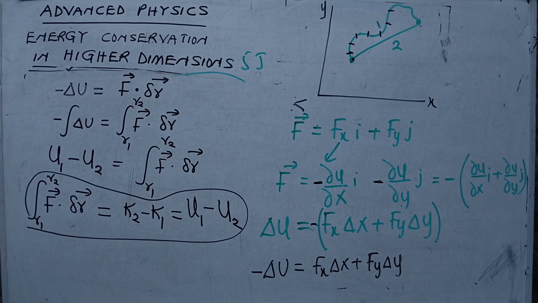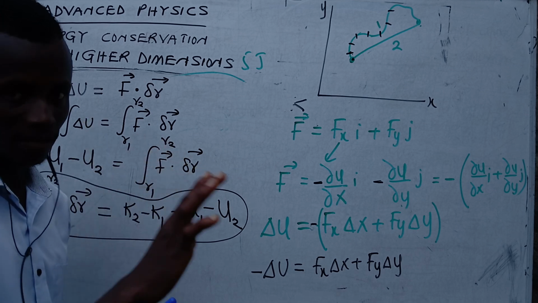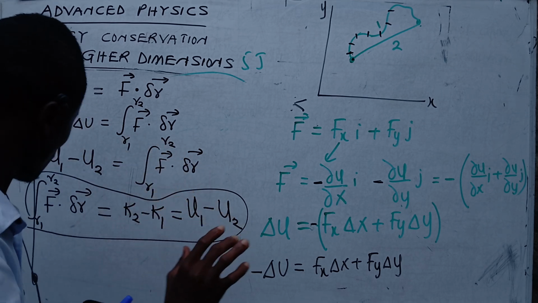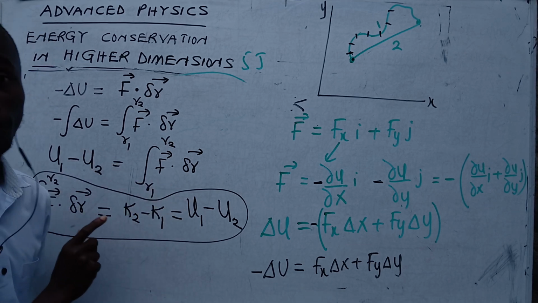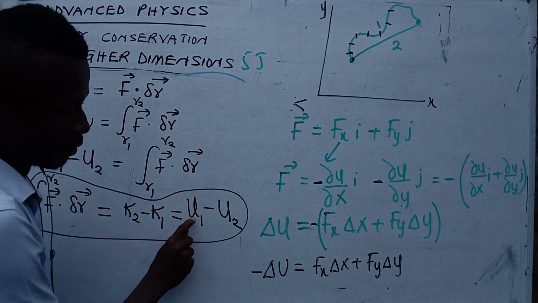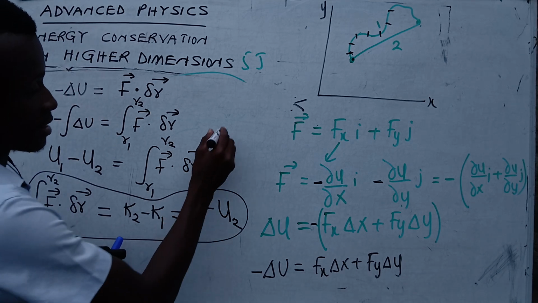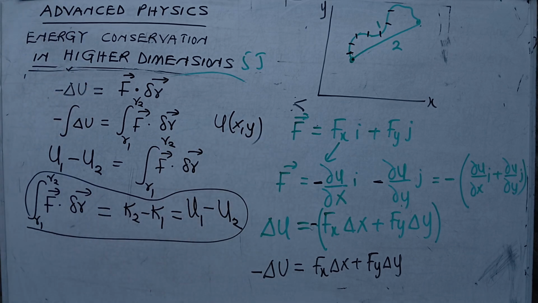Why do we need it? So if the force is defined from a change in a height function, we call that force a conservative force. And if that force is a conservative force, this integral can be done once and for all. It is a height function at point 1 minus a height function at point 2. Remember, this is u of x, y. U depends on x, y. You see?